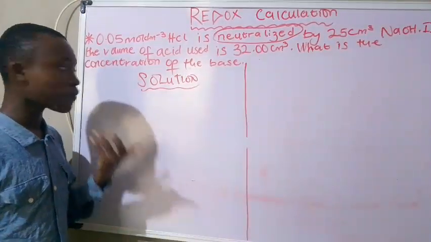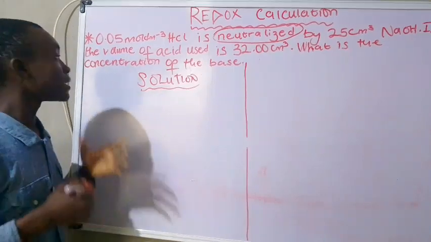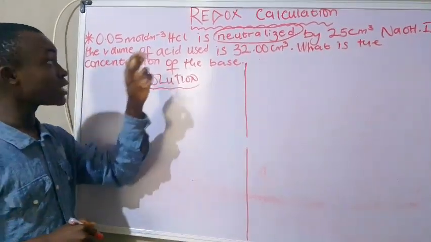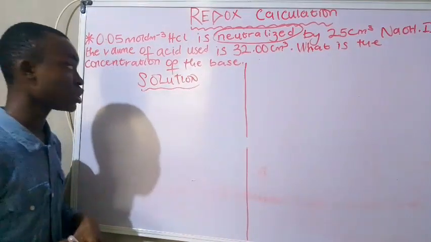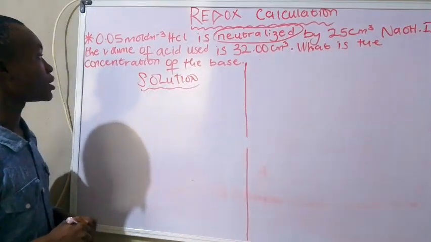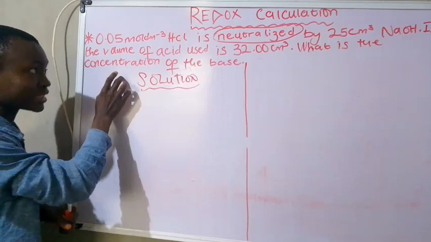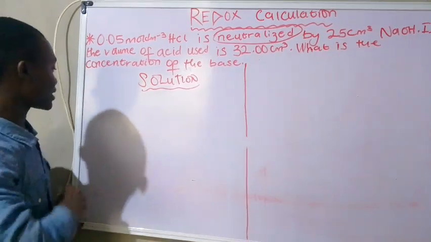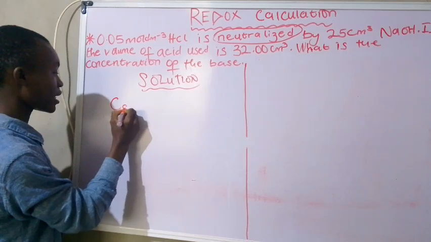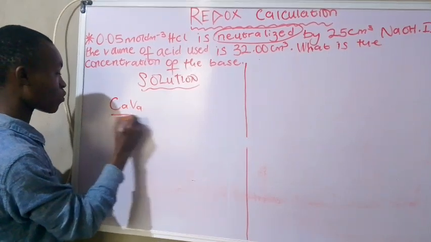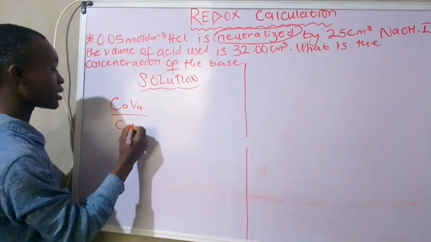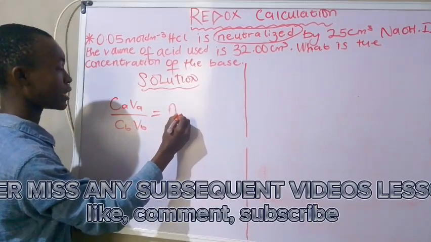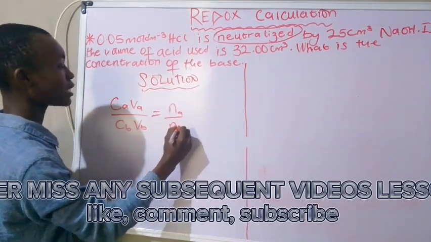Now, it must be noted that this particular question is from the redox titration calculation. When solving for this, you must take note of a formula which is CA VA over CB VB is equal to NA over NB.